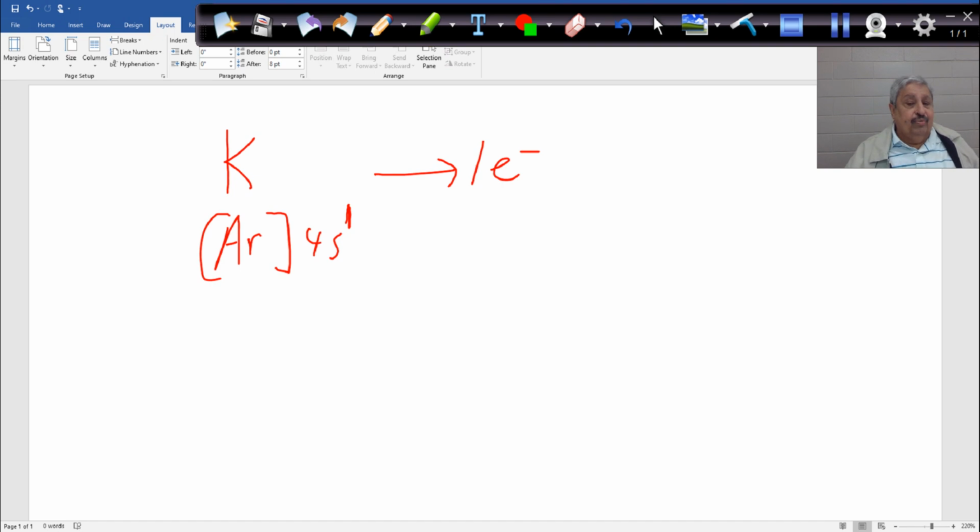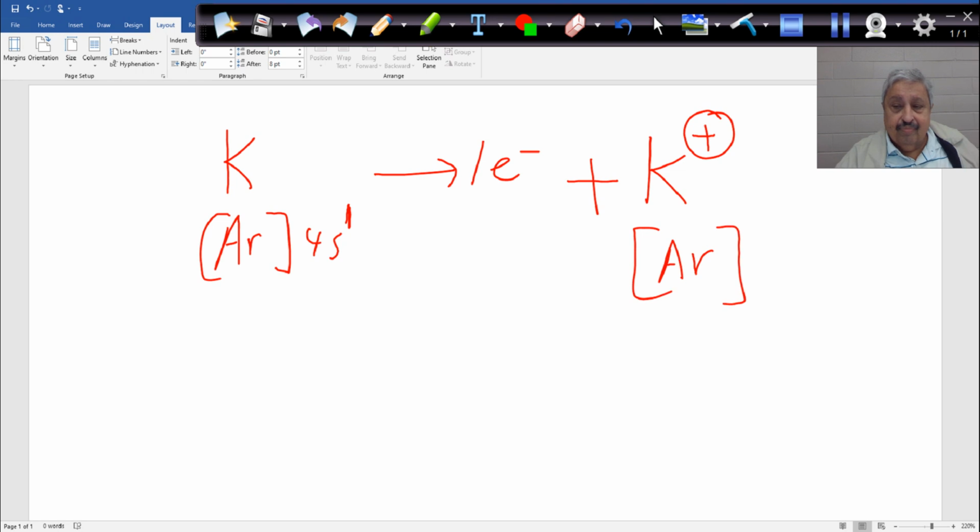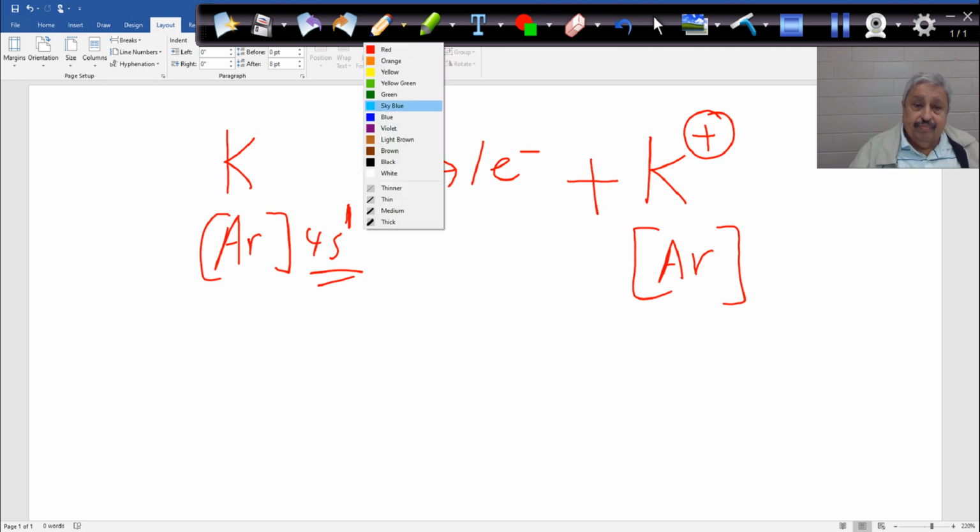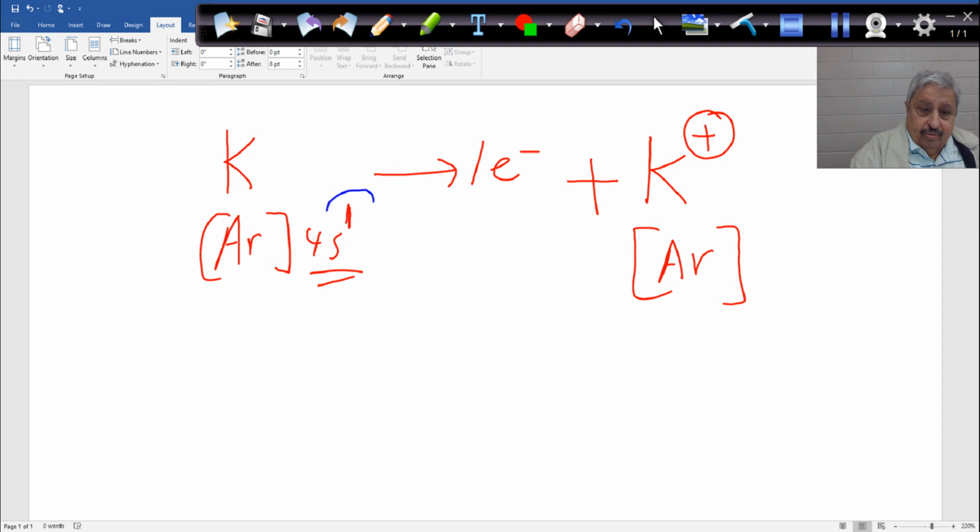By doing this, potassium will be positive. And the potassium positive will be just argon, correct? The 4s is gone. So the potassium plus has the argon electron configuration.